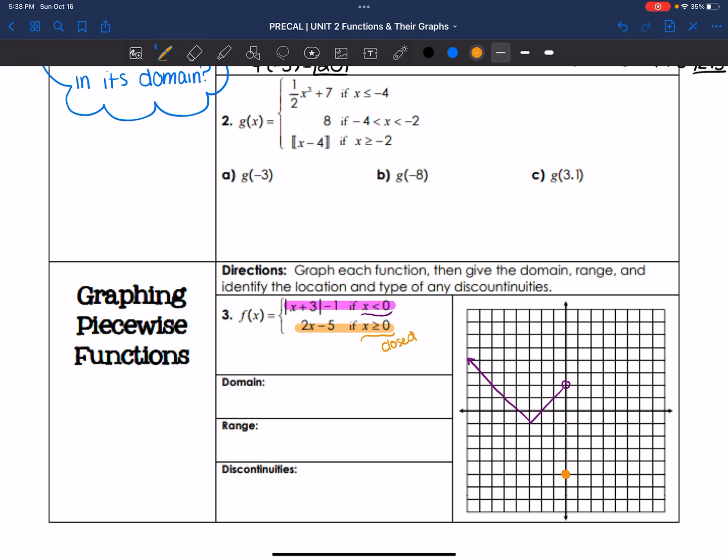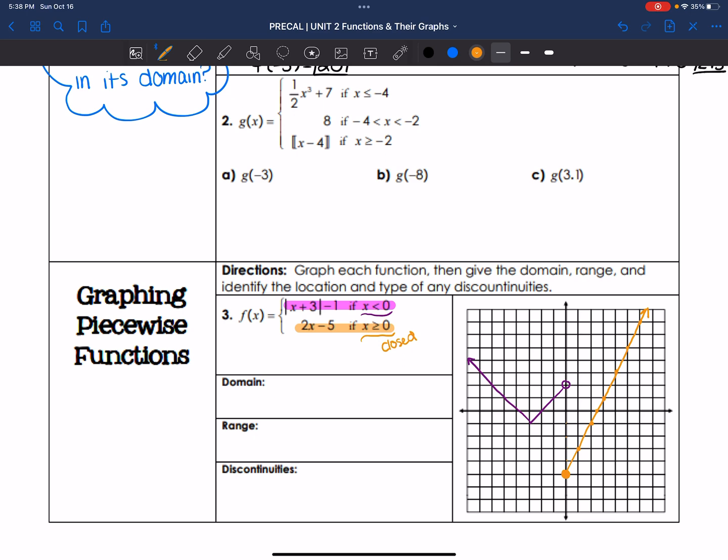Then it also crossed at 2.5. It went up 2 over 1, up 2 over 1, up 2 over 1 in that way, so looking like this. So there you have it, the graph of our piecewise Franken function.